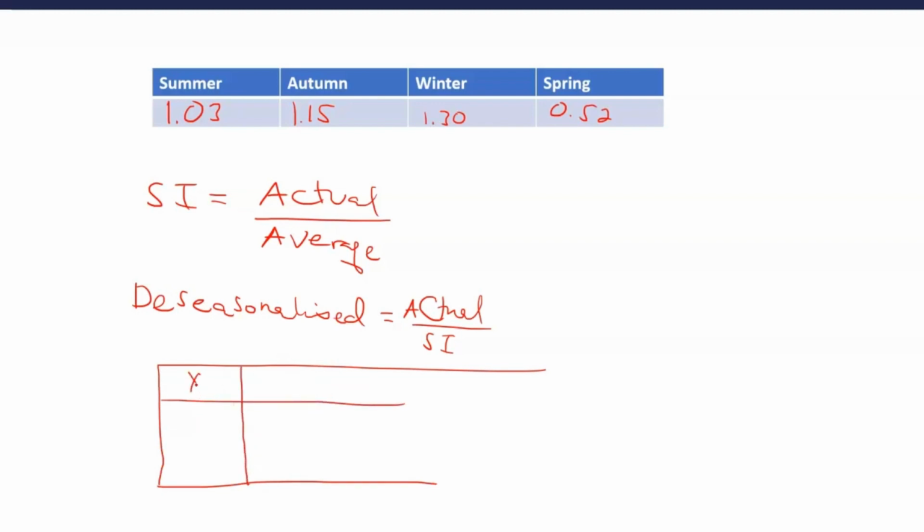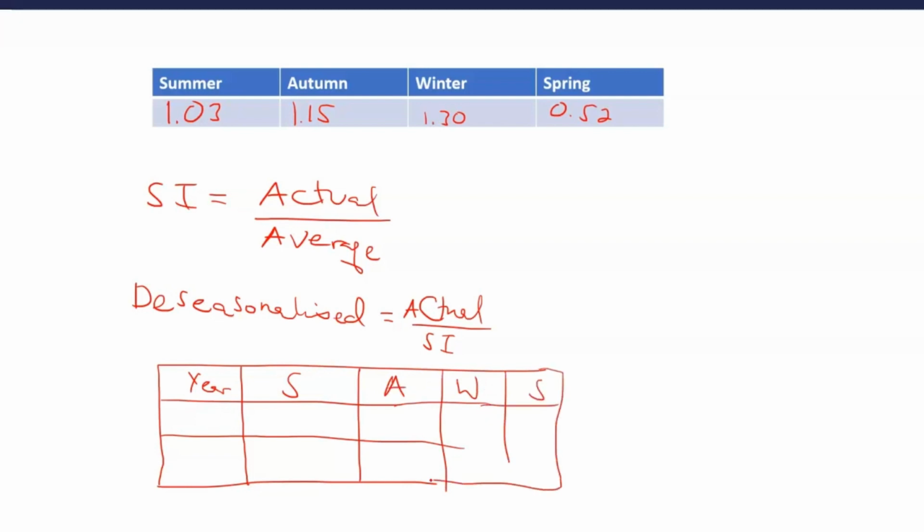So Y1, summer, autumn, winter, and spring. So all the summer seasonal indices as you obtain from the calculator.